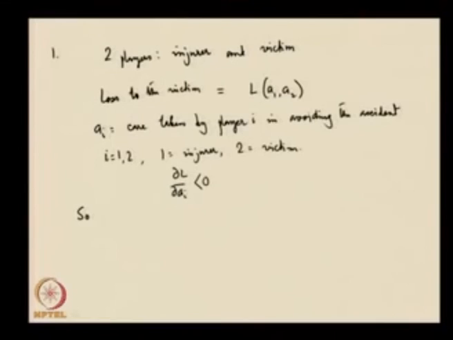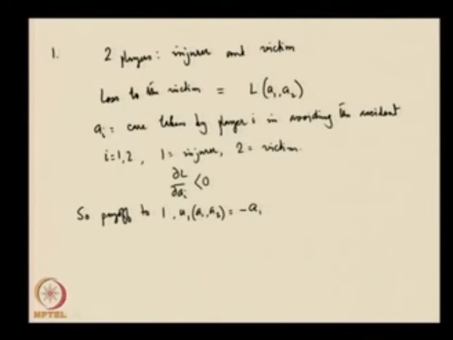So, what is the payoff to player 1, which we write as U1? First, minus A1, remember A1 is the care that she takes in avoiding the accident, and taking care is costly.